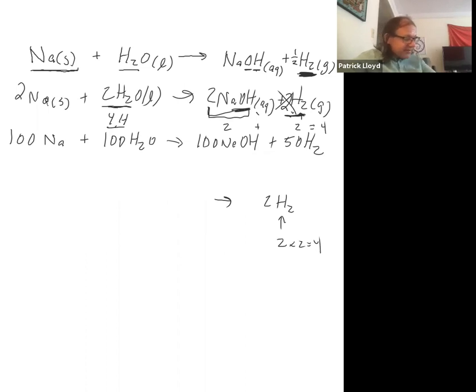So in fact, if you take a look at this equation, see these numbers are all the same. This is half as much. And the reason it's half as much is because it's H2, right? If hydrogen behaved in such a way that it was just H, then that would change the way we balance the equation, right?